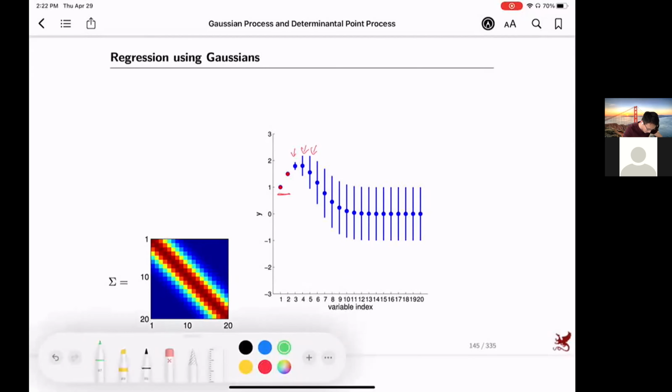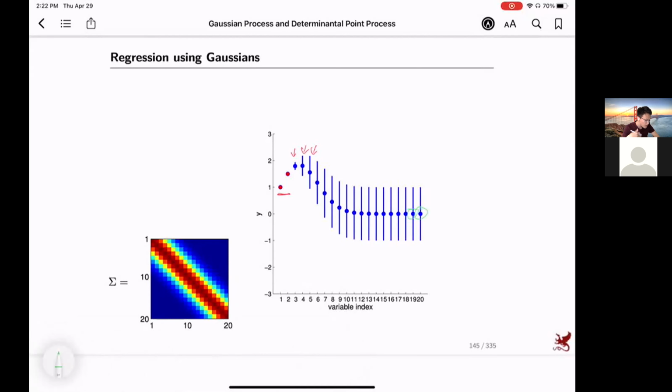Let me use green. These dots represent the dimensions I never observed, but I use these blue dots to represent their mean. And then this bar also represents the standard deviation, or the uncertainty, of these points.